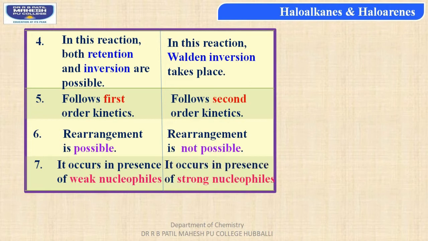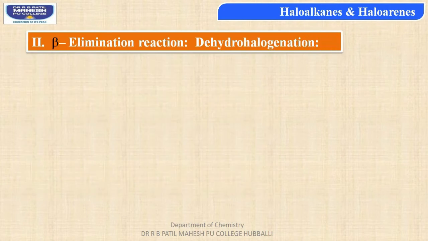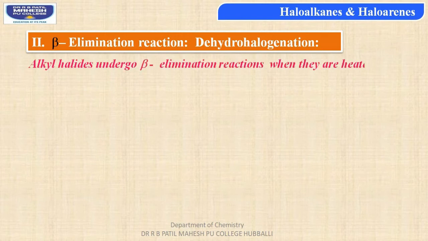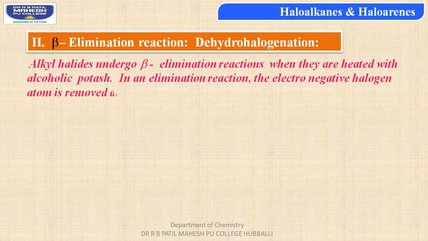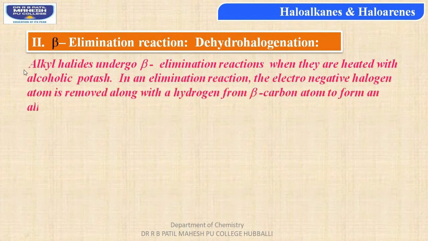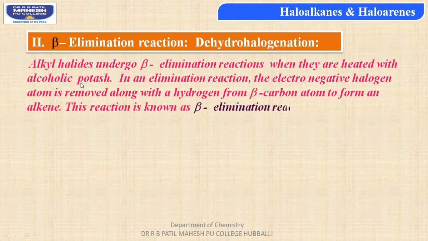of strong nucleophiles. Now students, let us study about beta elimination reaction, which is also called dehydrohalogenation reaction. Alkyl halides undergo beta elimination reactions when they are heated with alcoholic potash, that is potassium hydroxide. Then students, an elimination reaction occurs.